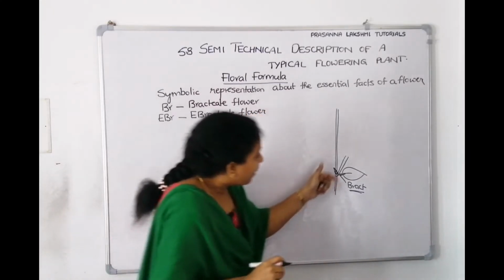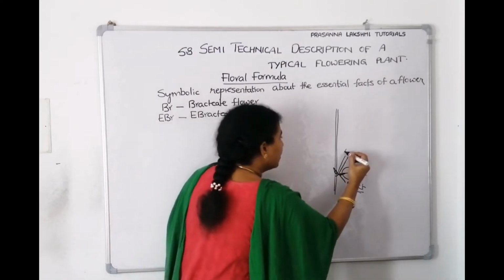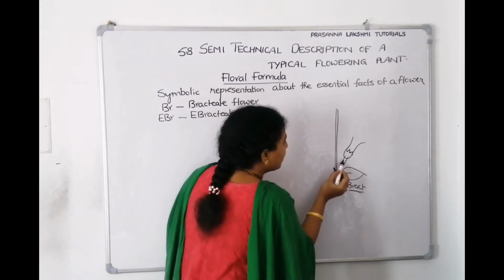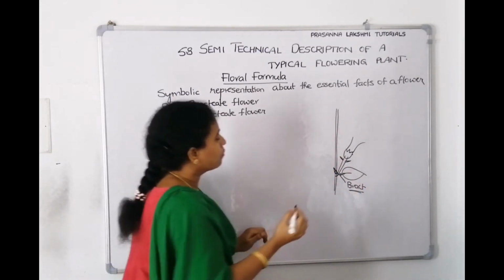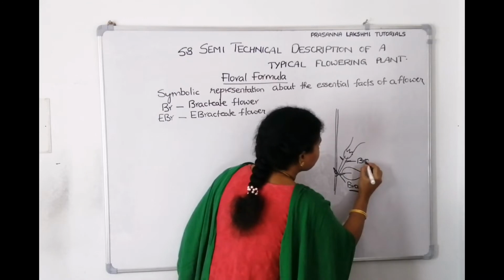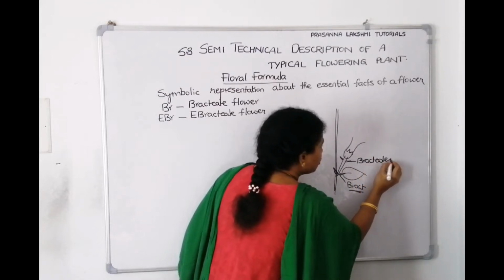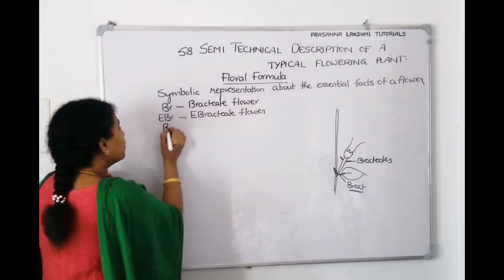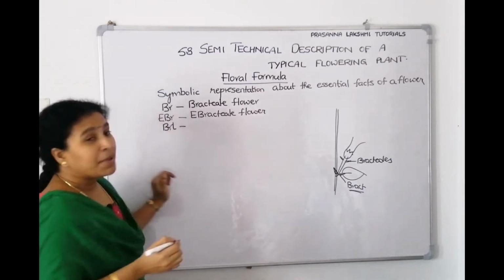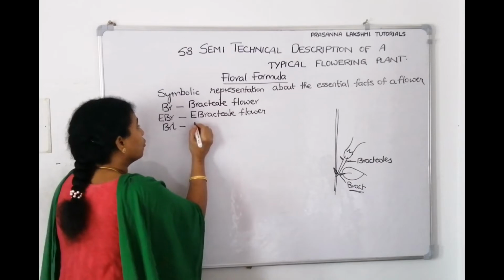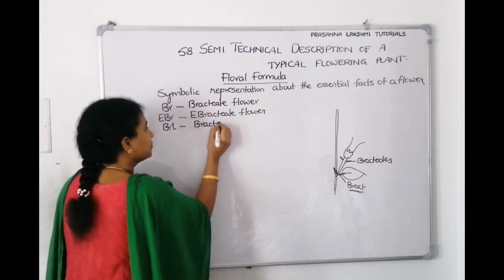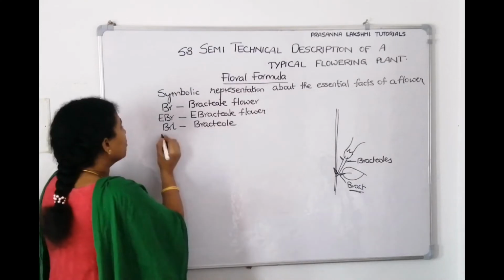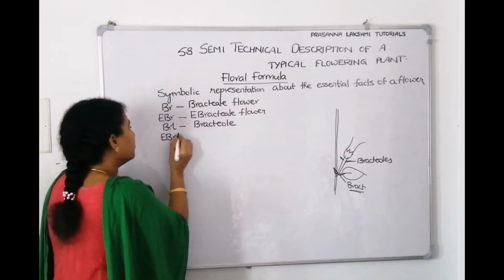Then above the bract, here it has bracteoles also. This is a flower. Here it has bracteoles also. What are these called? Bracteoles. If the flower is having bracteoles, then the symbol we use is BRL. BRL symbolizes bracteole. Now, if bracteole is not there, it is EBRL.